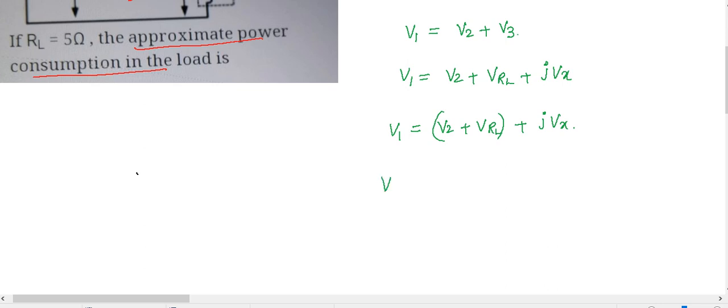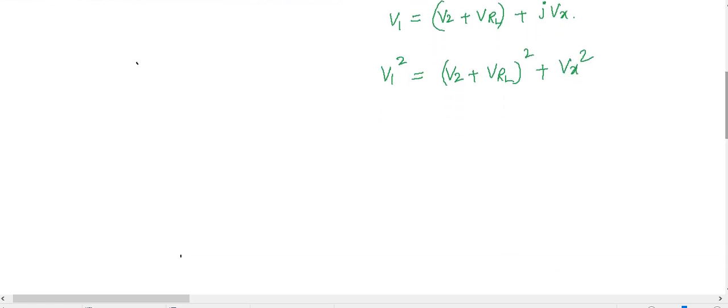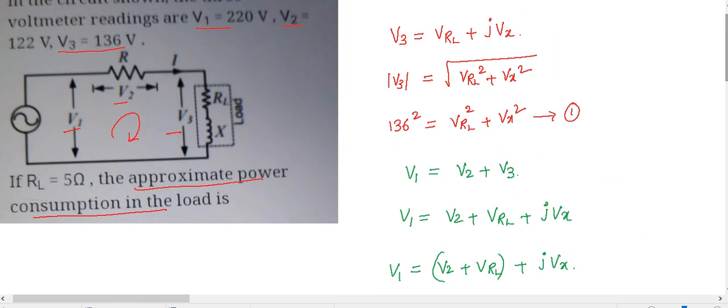If I take the magnitude, V1 square is equal to (V2 plus VRL) whole square plus Vx square. Simplifying, V1 square equals V2 square plus VRL square plus 2 V2 VRL plus Vx square. V1, V2, and V3 are all given, so I can substitute the values.